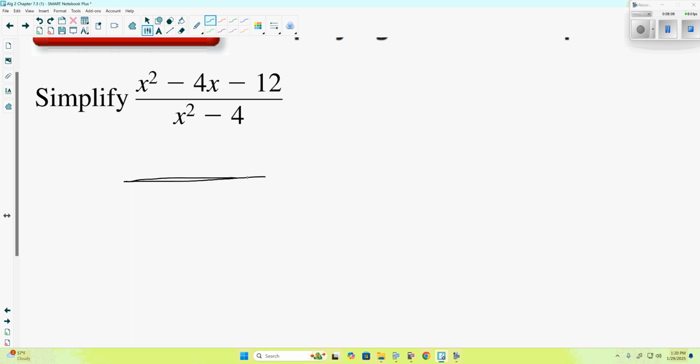Now with factoring these here, I always start on whichever one I think is going to be easier to factor. So when you're looking at these, it might be different, but whichever one you can see the factors of first, I would start with it. Personally, I like the x squared minus 4 on bottom a little bit nicer. Now there isn't a greatest common factor between x squared and 4, but it is what?